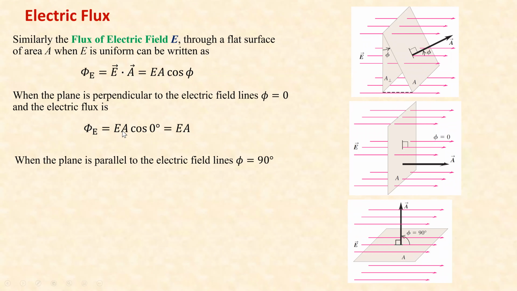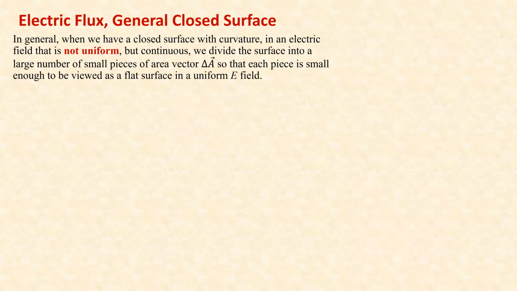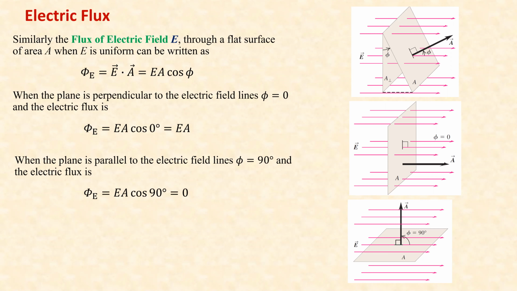Then you have E times A times cosine of 90 degrees, which is 0. So in this case, the minimum amount of flux goes through the surface. Here, the maximum amount goes through the surface. And here is somewhere in between.